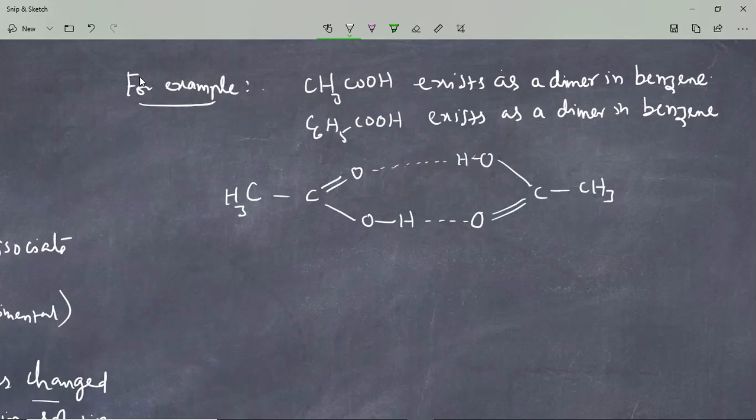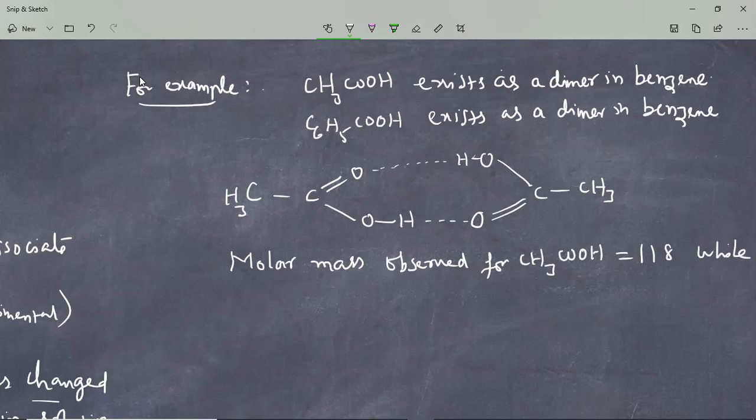In the case of acetic acid, the observed molar mass is 118, while the actual theoretical value from the formula is only 60.